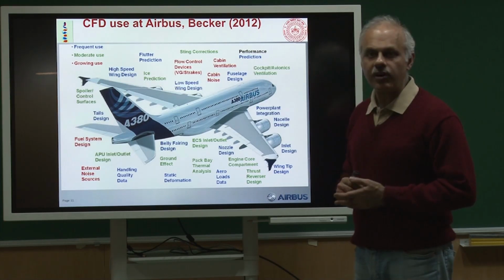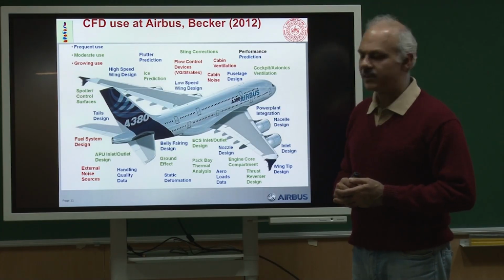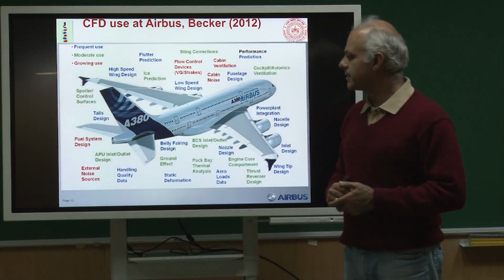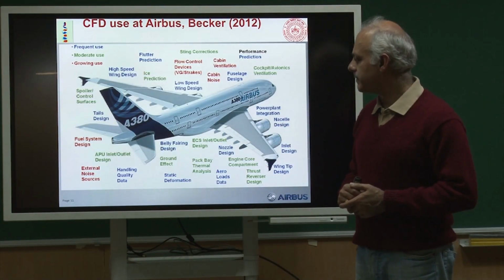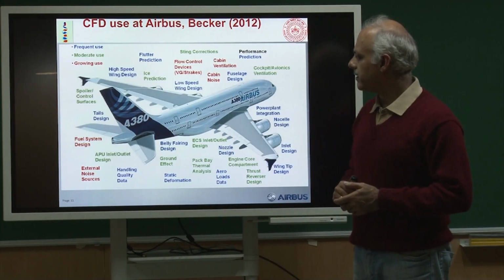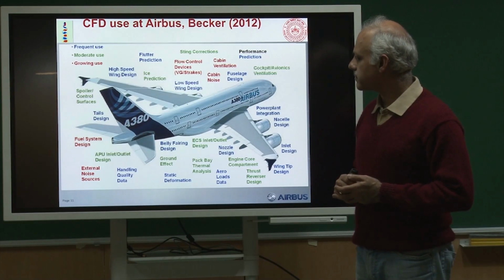So how does ice form? What is the penalty that it causes on the performance? The auxiliary power units, their design, ground effects. As the aircraft comes close to the ground, you get more lift generation, and the drag also gets modified, and so on and so forth.